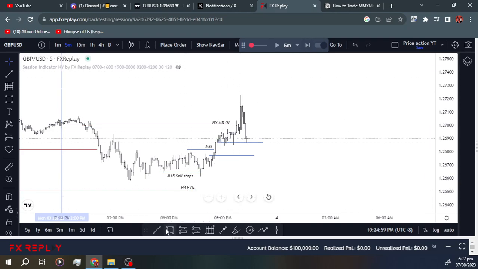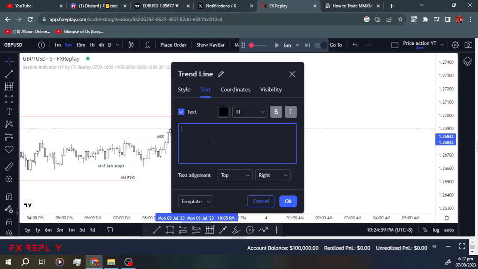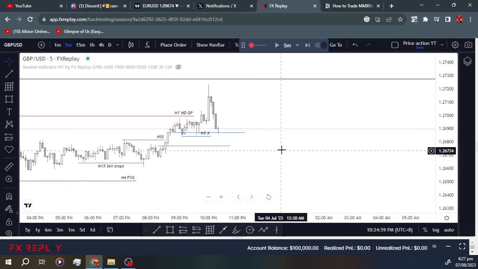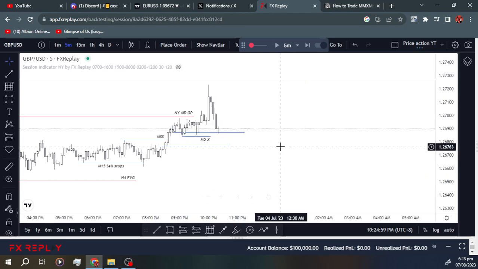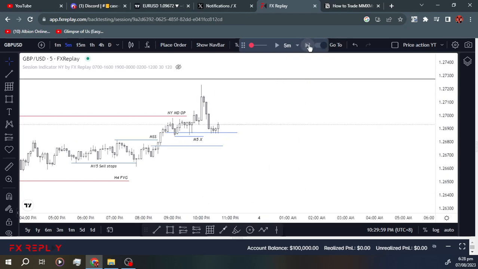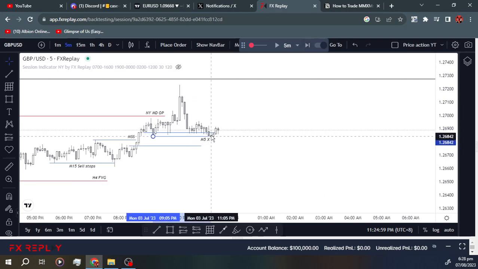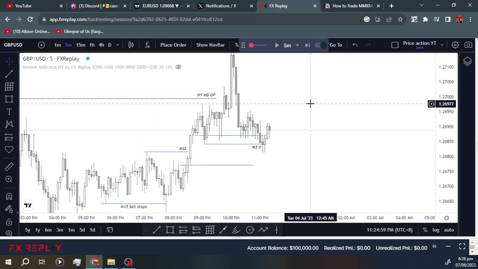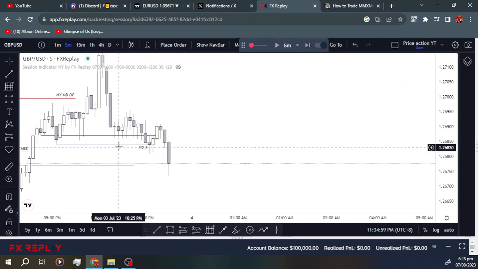We have these failed swings on the 5-minute right here that I want to see get liquidated. Okay, another liquidation.